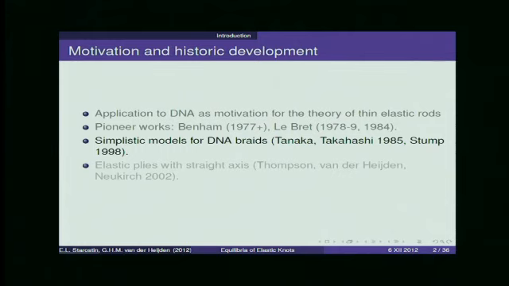The first simplistic models for DNA braids, or plectonemes, appeared back in the 80s, and they're very simple, just double helices.